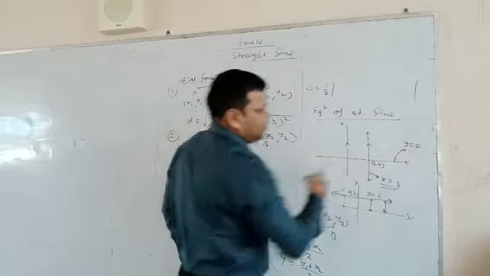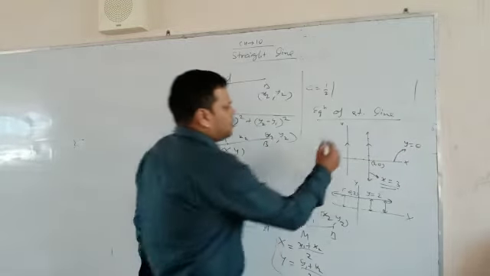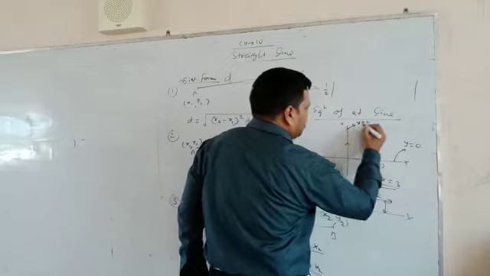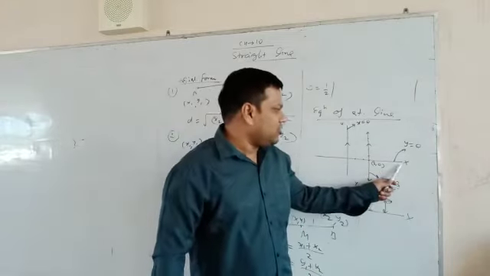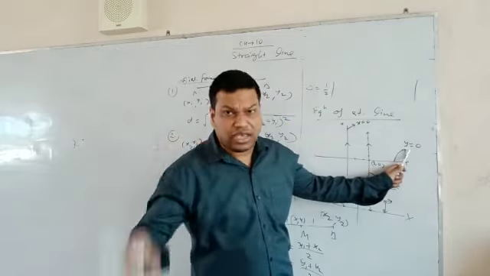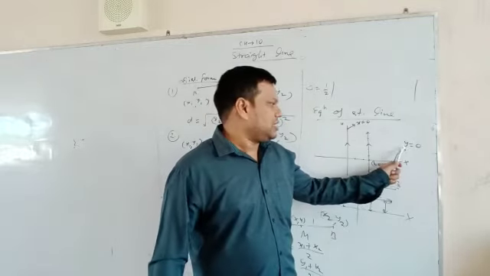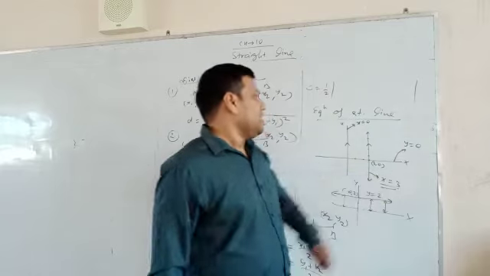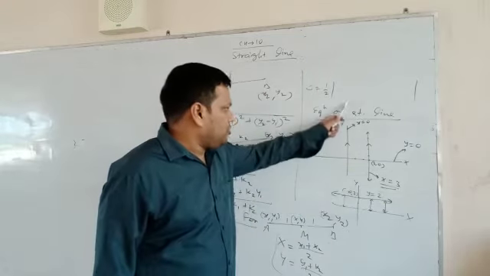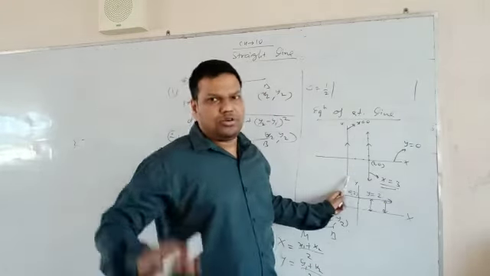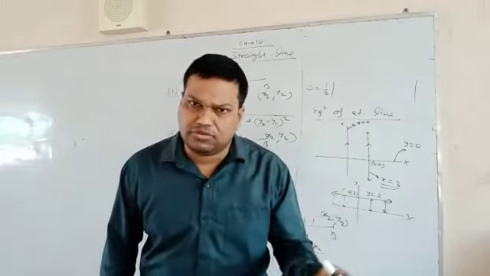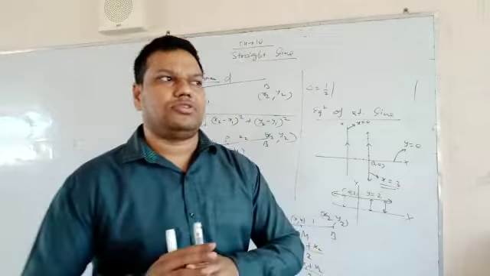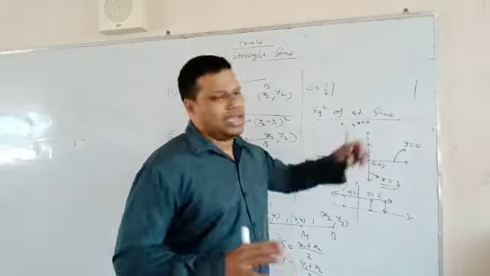So the horizontal axis, named the x-axis, can be written in 11th class as y equal to 0, and the y-axis is x equal to 0 because x is always 0. So if anybody asks the equation of the x-axis, it is y equal to 0, and the equation of the y-axis is x equal to 0.